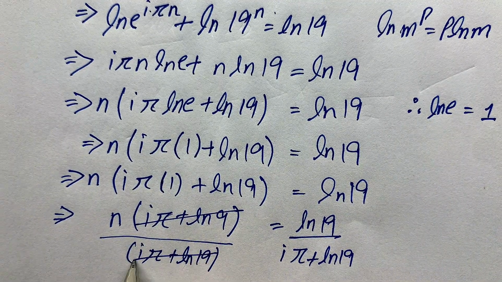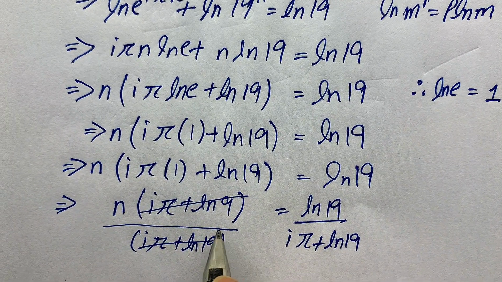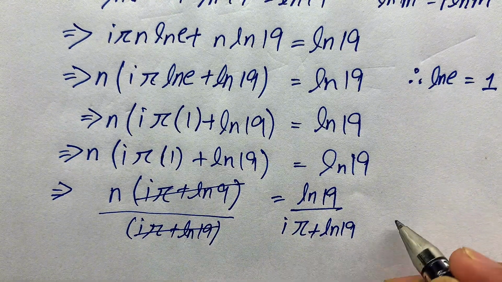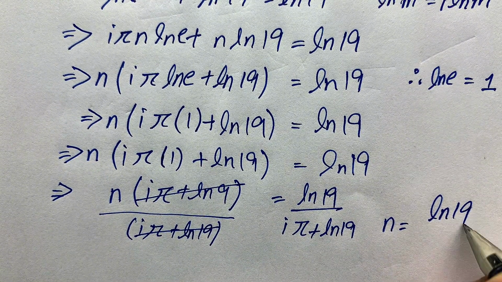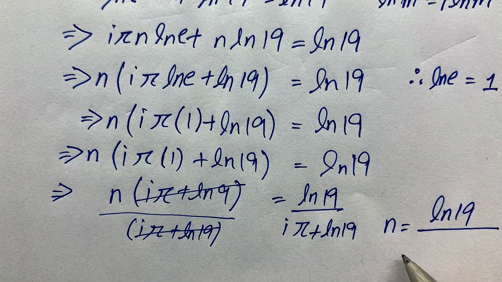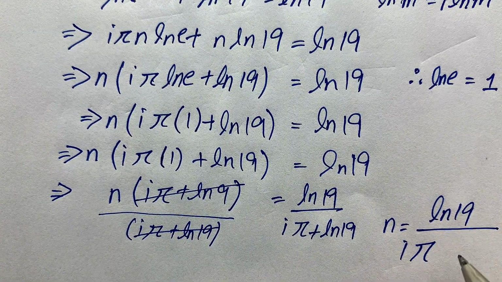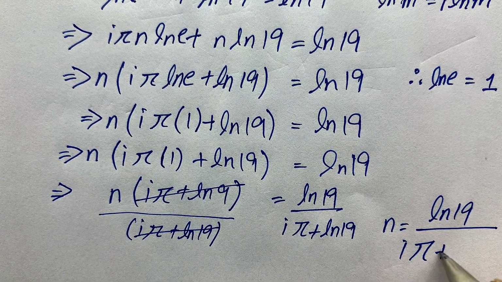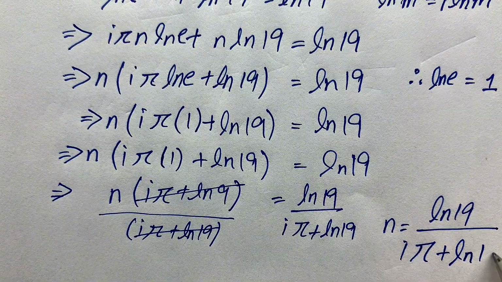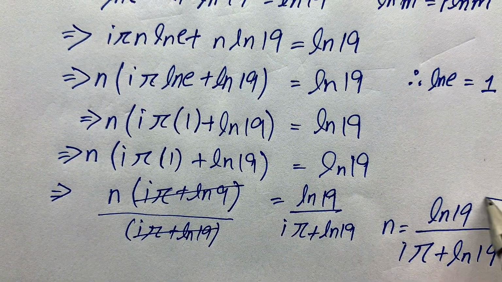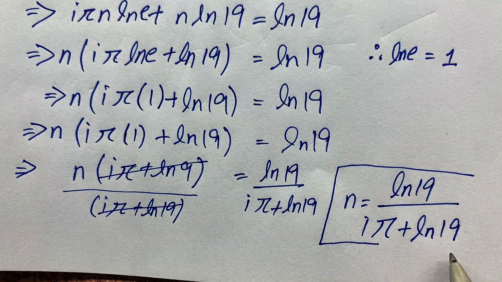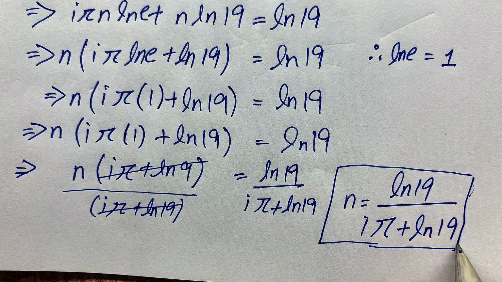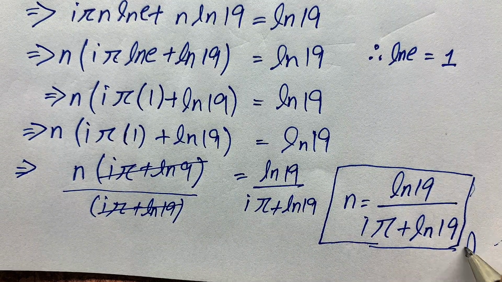This cancels with this, and remains n is equal to ln 19 divided by (iπ + ln 19), and this is our final answer of this mathematical problem.